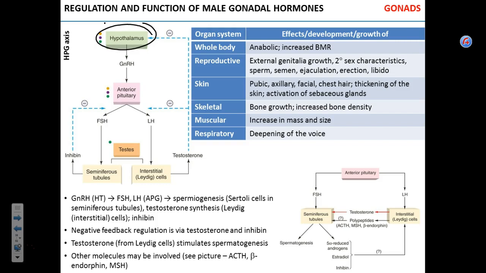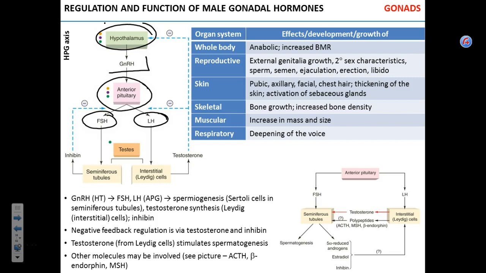Hypothalamus produces gonadotropin releasing hormone. Gonadotropin releasing hormone reaches the anterior pituitary, which produces two gonadotropins, follicle stimulating hormone and luteinizing hormone. What is the function of follicle stimulating hormone? It's kind of in the name.